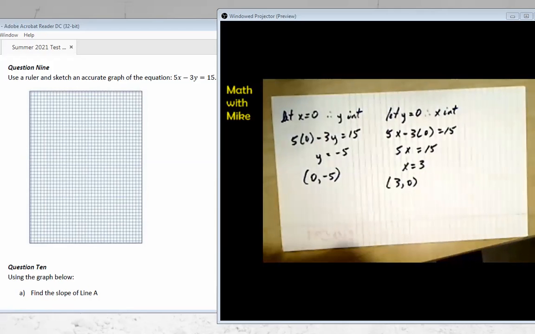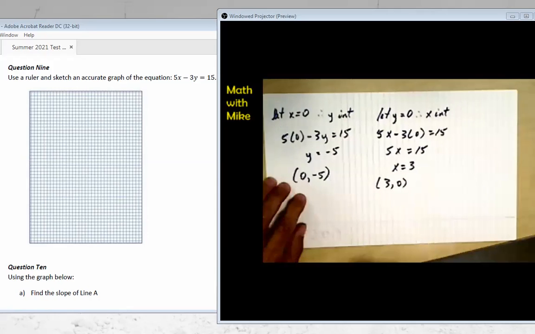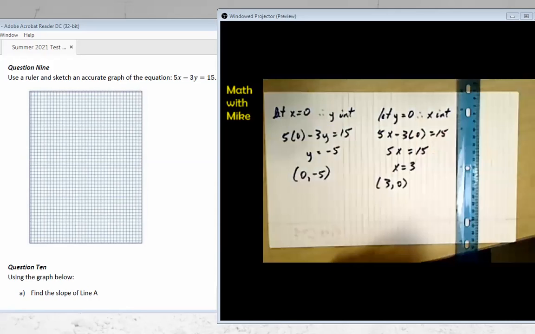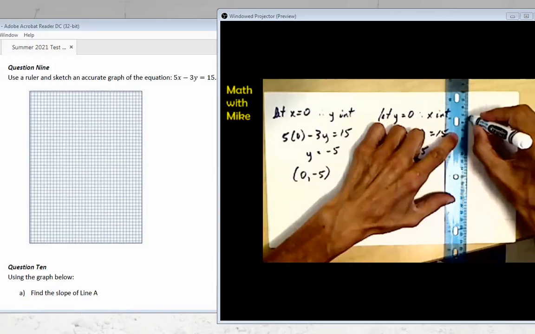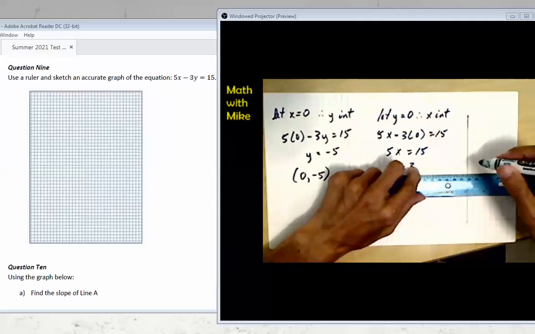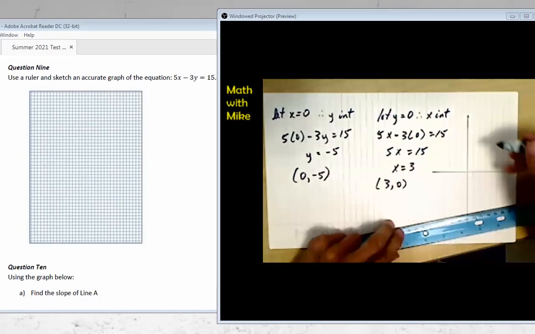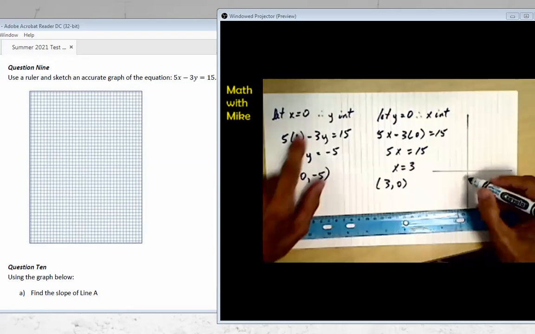So to put this professionally onto a graph, right? Ruler for sure. Look at that. So good looking. All right. 0 and minus 5. So this is for the y-intercept.